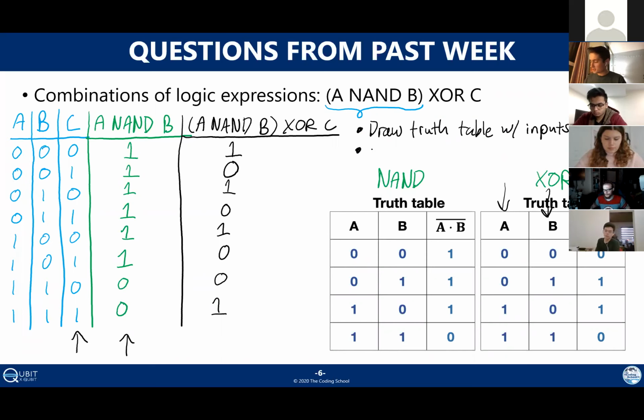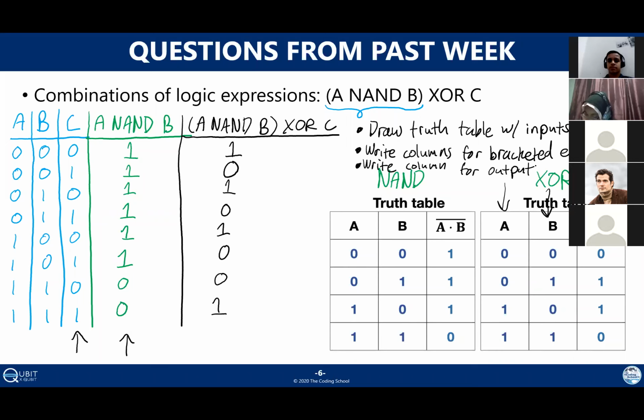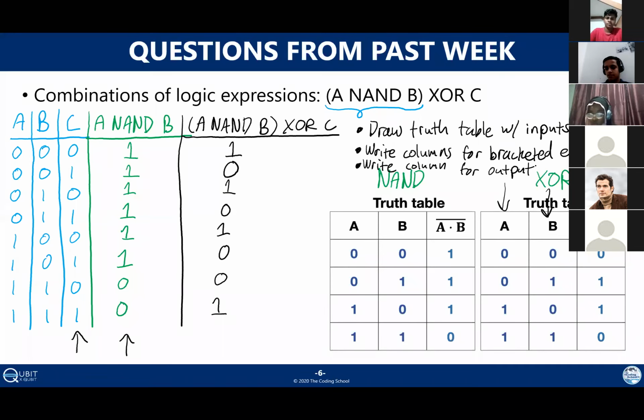The second step was to write columns for bracketed expressions. And then the third step was to write a final column for the output. And then that's how you would get a truth table for something like this.